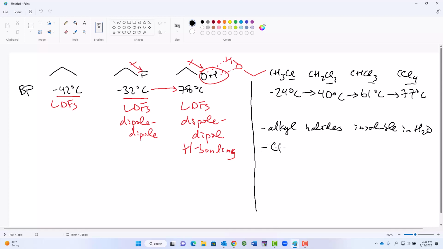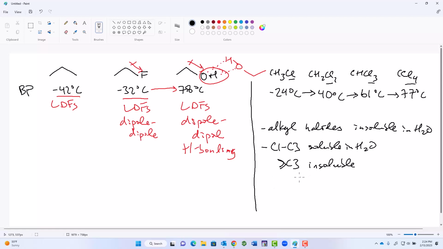For alcohols, C1 to C3, meaning methyl to propyl alcohols, are generally soluble in water, and those greater than C3, so butyl alcohols and above, are generally insoluble. That's just because as we extend this chain longer and longer, we are increasing the length of what we call the greasy portion of the molecule, the nonpolar portion of the molecule, which is insoluble in water.